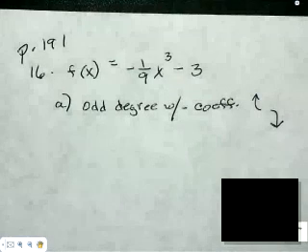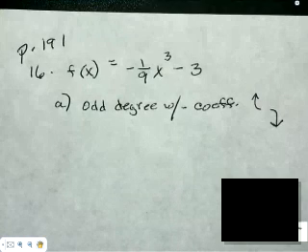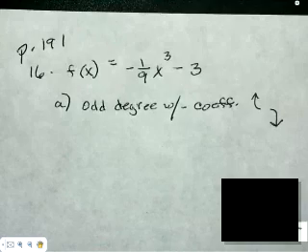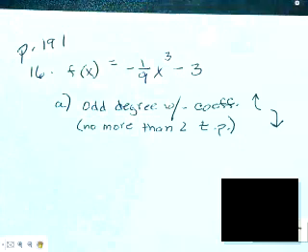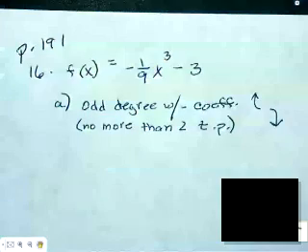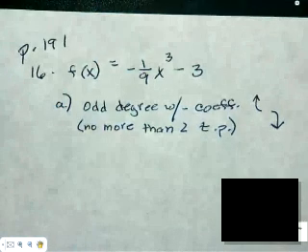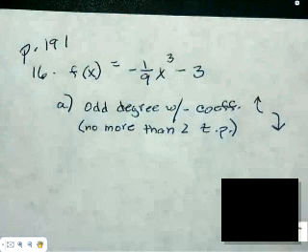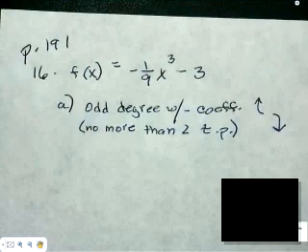And the other thing I know about this graph is it has no more than how many squiggles in the middle? No more than 2 turning points. Now, actually, because this doesn't have the x squared and the x to the first term, I happen to know it doesn't have any squiggles in the middle.